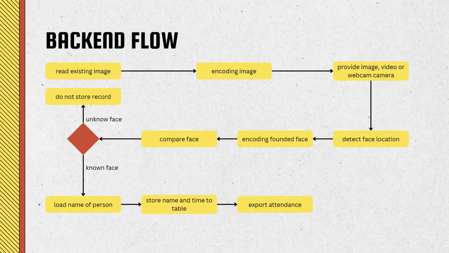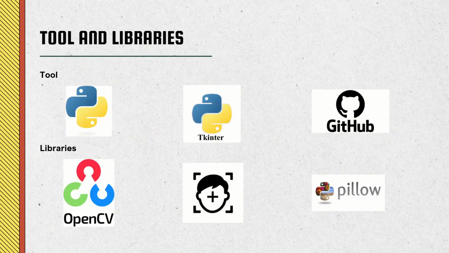After comparison, if the face is unknown, no record is stored. But if the face is matched, it will load the person's name and store the name and the timestamp when the person appeared in the camera. Then it takes the attendance and the admin can export it. Let's move on to the tools and libraries that we used during this project.